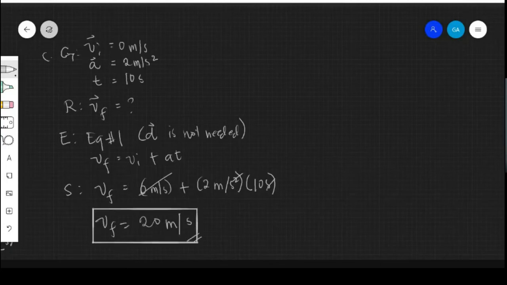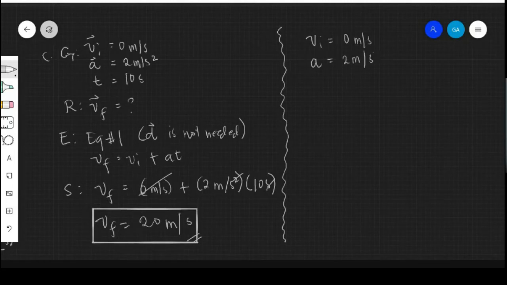So, yung sa module, iba yung ginamit niyang equation. I will explain this to you, ano yung ginawa niya. So, ang given niya ay VI, which is 0 meters per second, acceleration, which is 2 meters per square second, and the displacement or X, which is 100 meters.